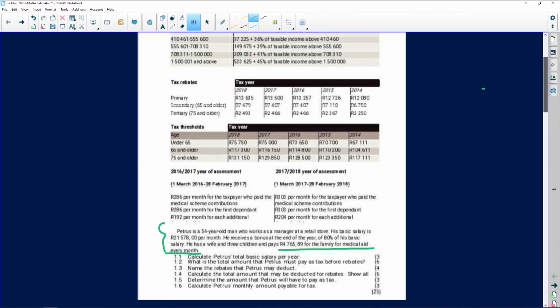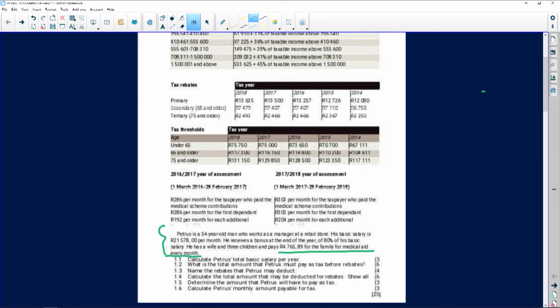The primary rebate in this particular case is 13,635. Let's go look at what I'm talking about so you guys are not confused. Primary rebate in this particular case is this. So this person qualifies for that refund. So they're going to go to SARS and ask for that money if SARS has not already calculated it in their money. That's the rebate they qualify for.